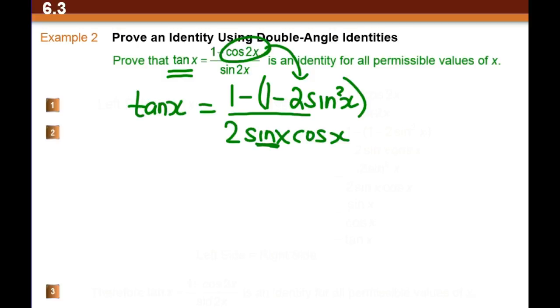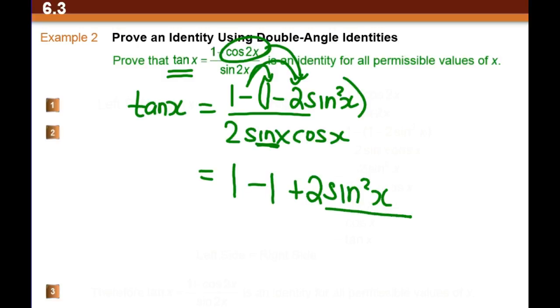So this negative goes into both of these pieces. So we would have 1 minus 1 plus 2 sine squared x, and we still have our bottom 2 sine x cos x.